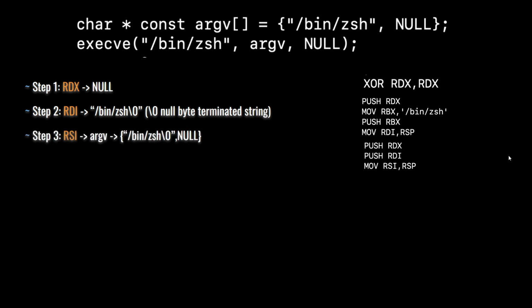Next we move on to step 3, which is storing argv into the RSI register. So we'll basically be storing null and /bin/zsh, null byte terminated.